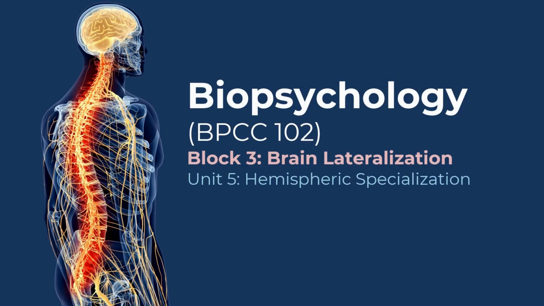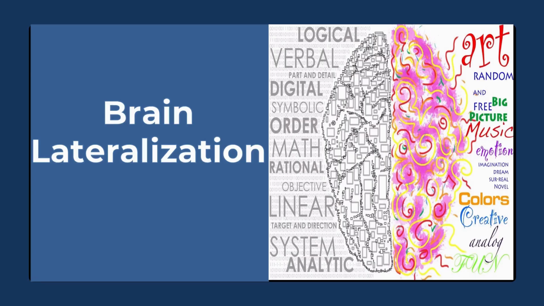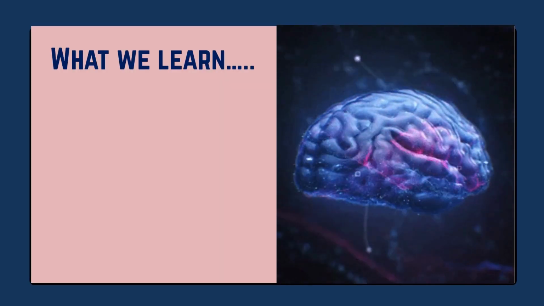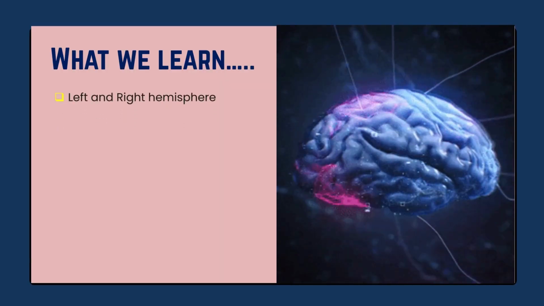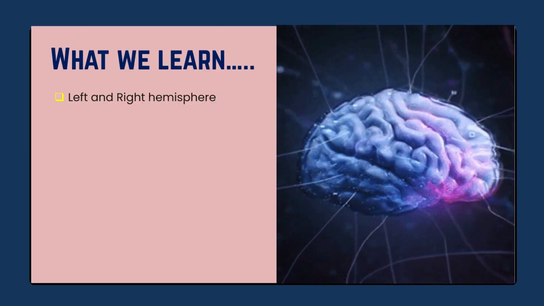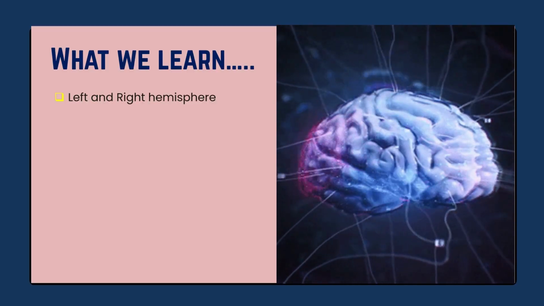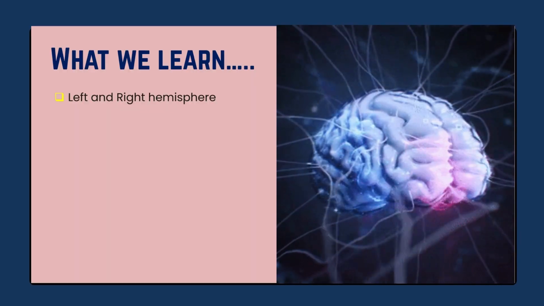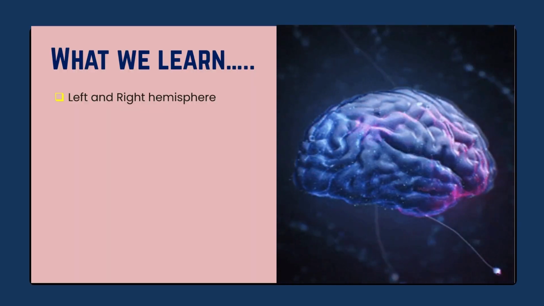In this video, we are going to study about hemispheric specialization, which is a part of block 3 titled brain lateralization. It's a very small block or a very small unit. And in this we are going to learn what is left and right hemisphere. We have already studied about it before, that there is a central fissure that divides our brain into two, left and right hemisphere.